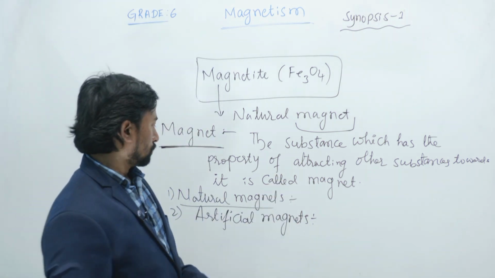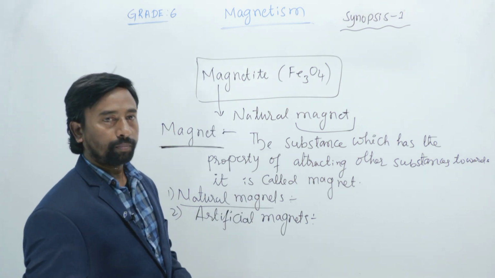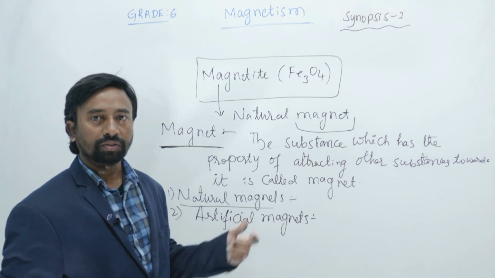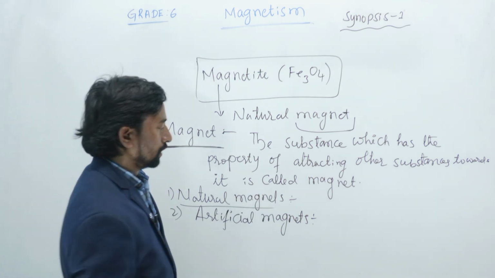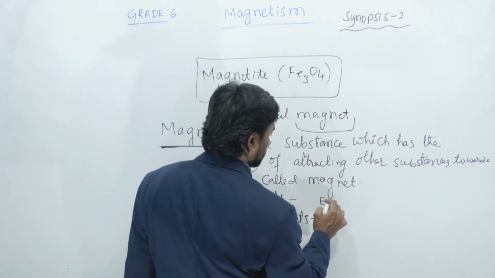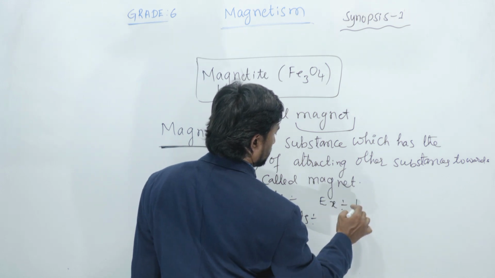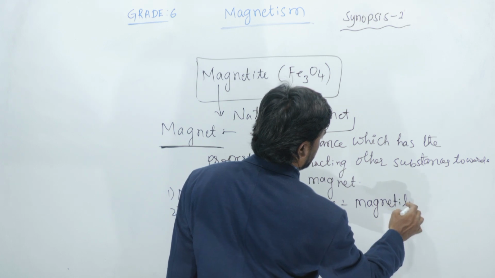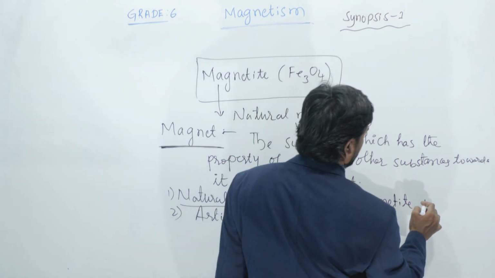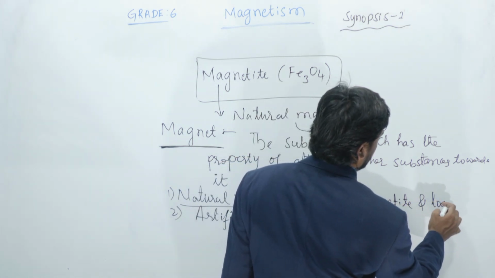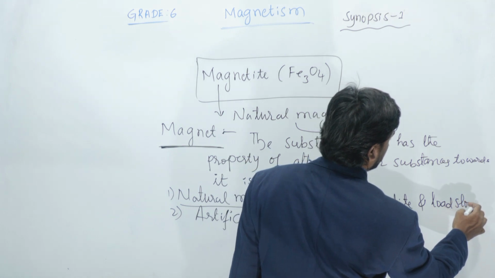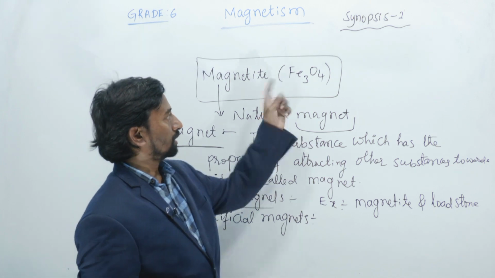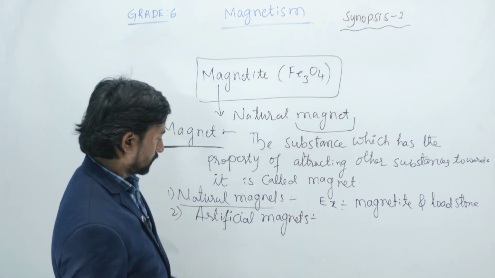Examples of natural magnets are magnetite and lodestone. The chemical formula of lodestone is also Fe3O4.